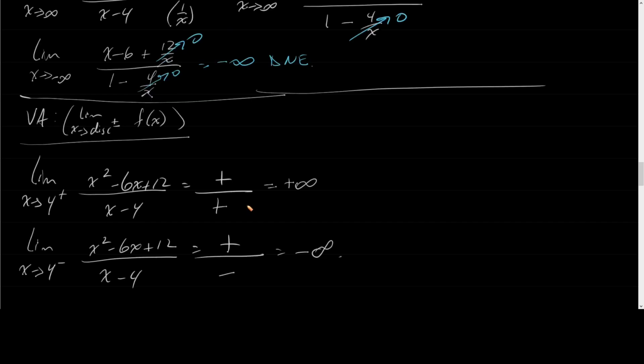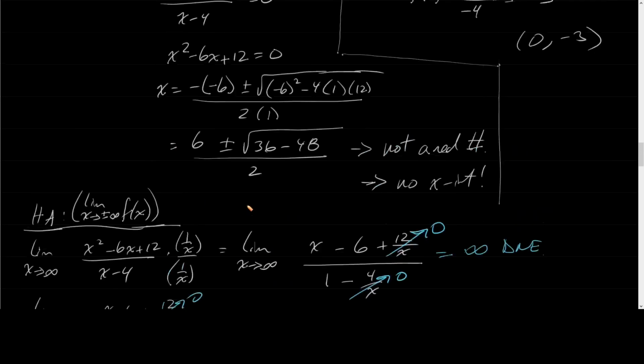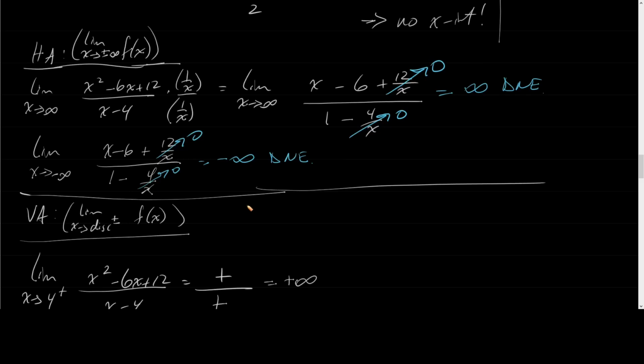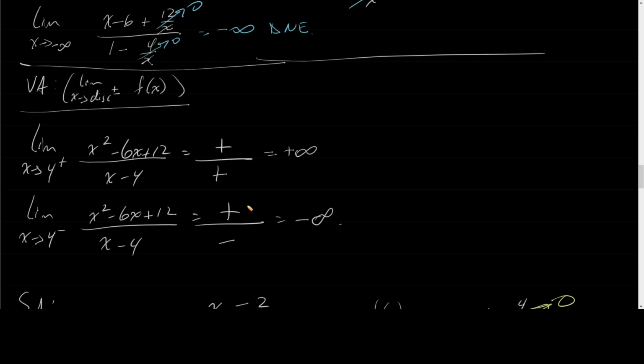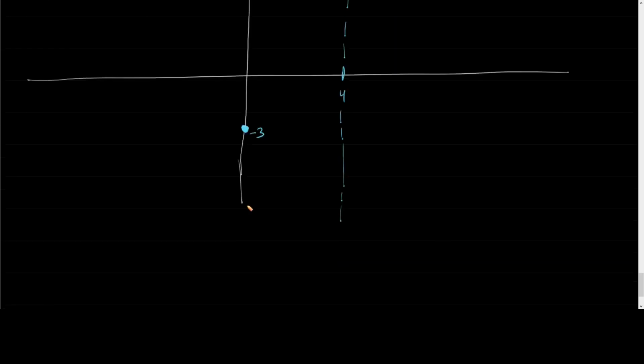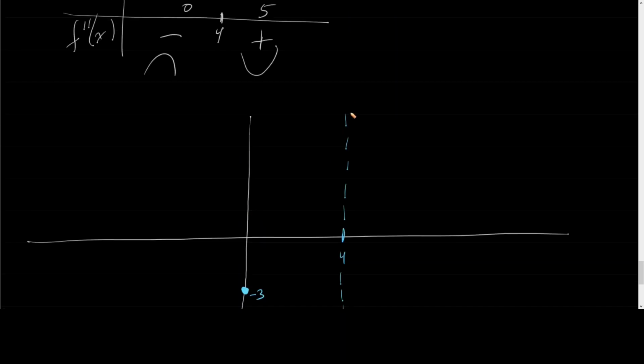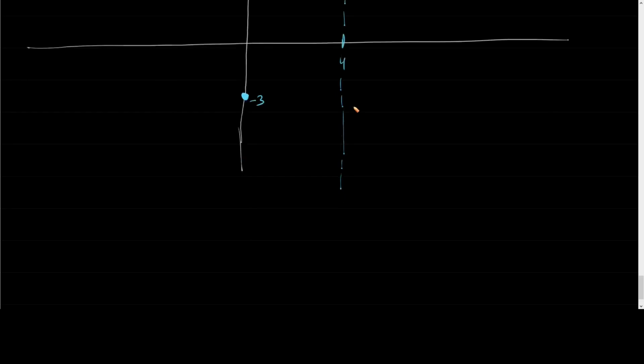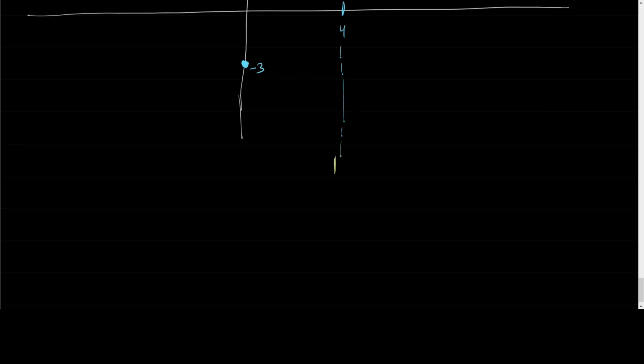We have no horizontal asymptotes, but we do have a vertical asymptote. From the right, it's going to positive infinity. From the left, it's going to negative infinity. So from the right, it's going to go up to positive infinity, up this way somewhere. And from the left, it's going to go down to negative infinity.